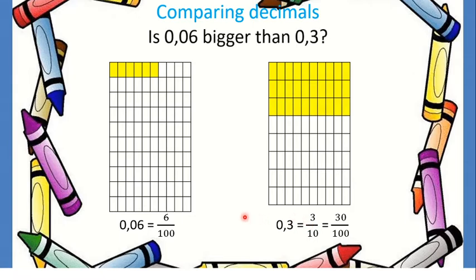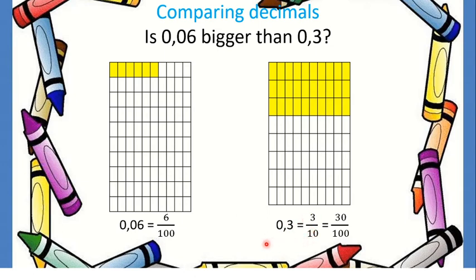Comparing decimals. Let's ask the question, is 0,06 bigger than 0,3? 0,06 is 6 over 100, because my last digit has the place value hundredths. 0,3 equals 3 over 10.